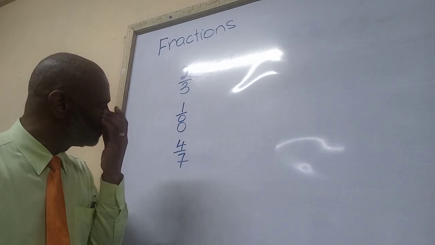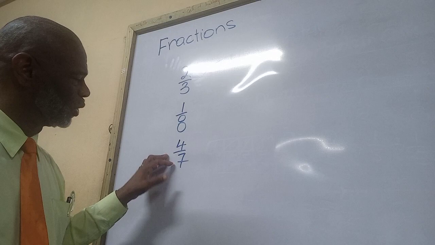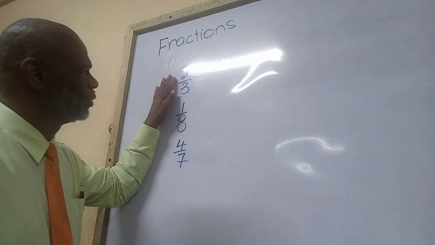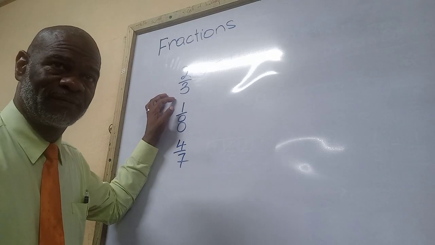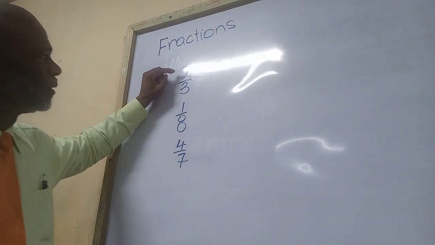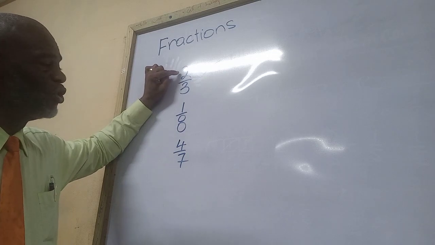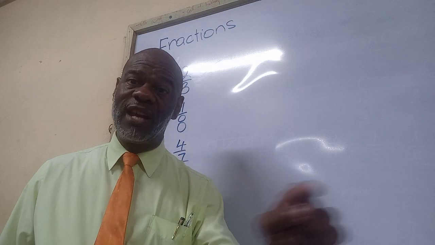Right? Now these fractions here, what do you notice with them? What's the relationship between the numerator and the denominator? Anybody? Okay, you can just put your answer in the chat. So if we notice, the numerator is smaller than the denominator.